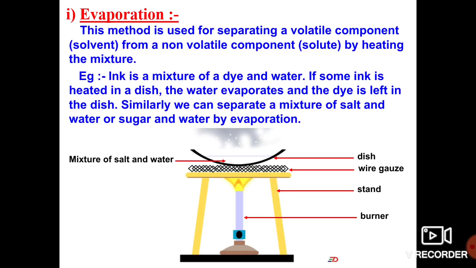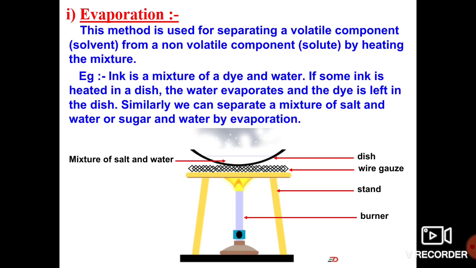Just take 1, 2 or 3 spoons of salt and mix it with water. Dissolve it properly. After a few minutes, proper dissolving of the salt will take place in the water. So after proper dissolving, you can start heating that vessel. So what will happen?